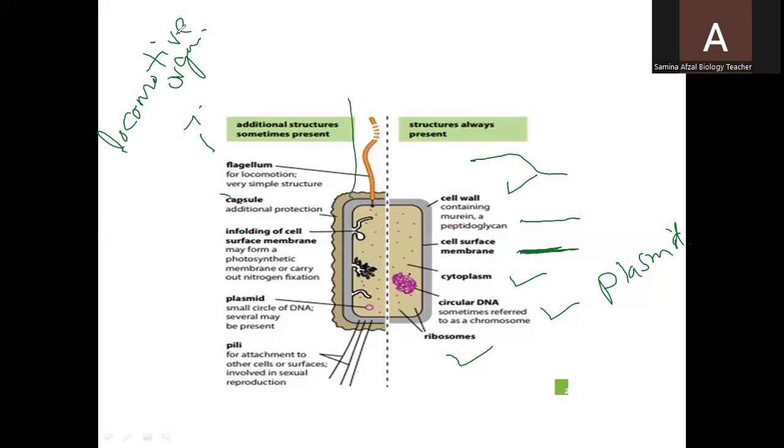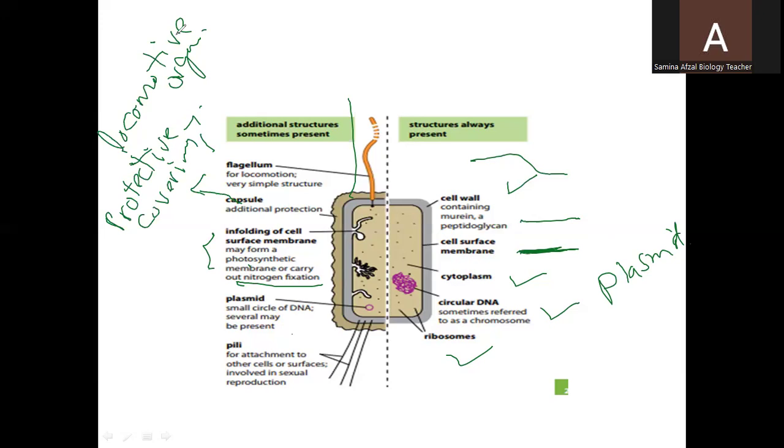This capsule is a protective covering from adverse environment, present in some types of prokaryotes. And then you can see the infolding of the cell surface membrane may form a photosynthetic membrane or carry out nitrogen fixation. So this is a very important function which can be present in some of the prokaryotes.